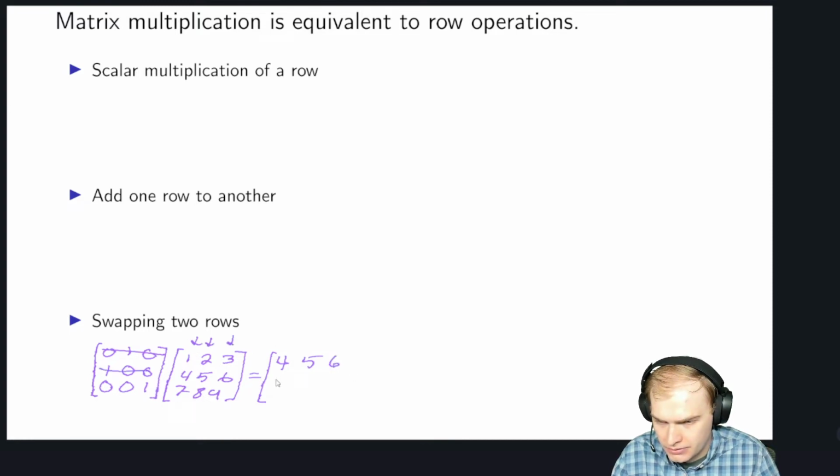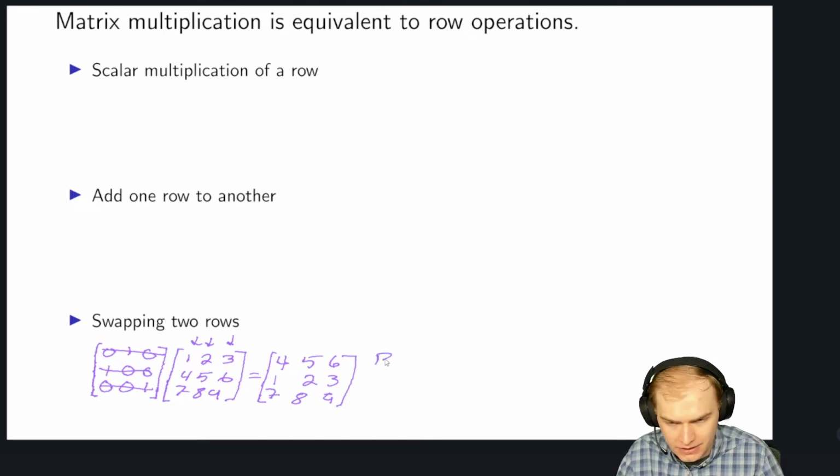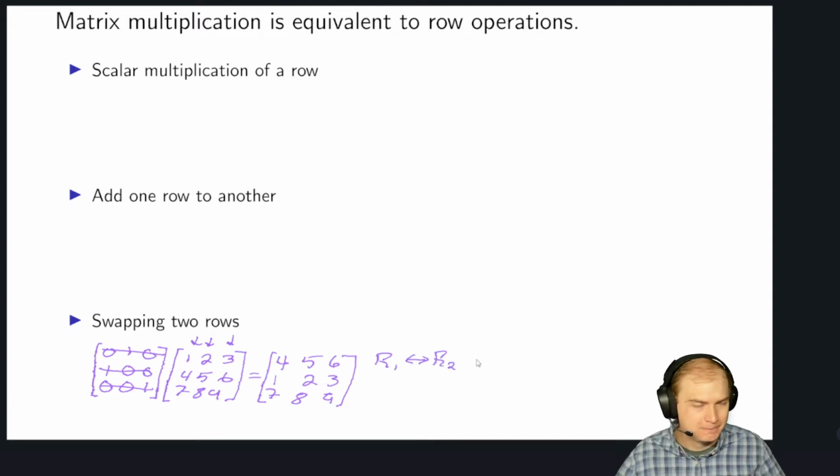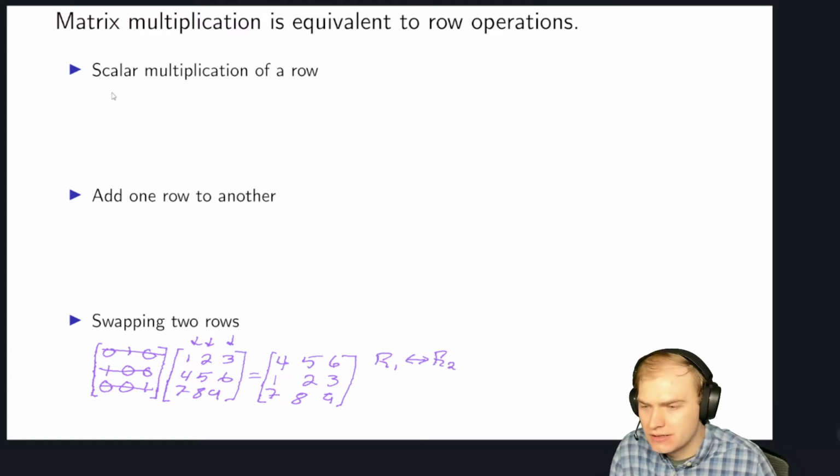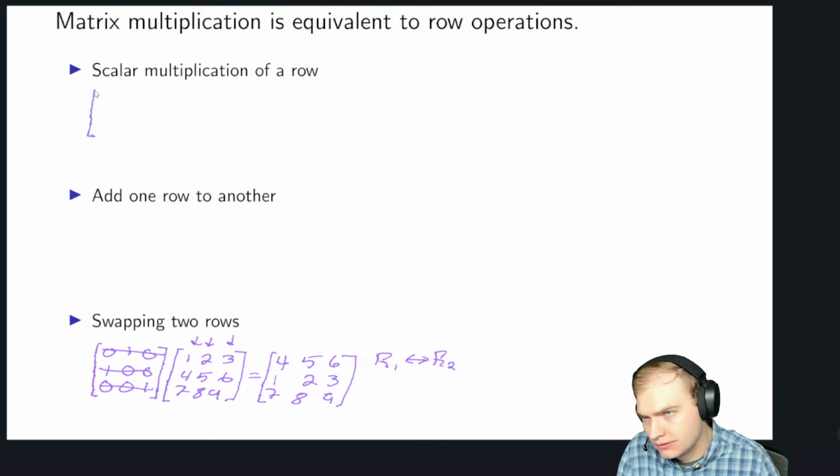And this row, 1, 2, 3, and then 7, 8, 9, which is the same as the row operation swap row 1 and row 2. That's maybe the easiest one to see, but we're not going to be swapping rows in today's material.